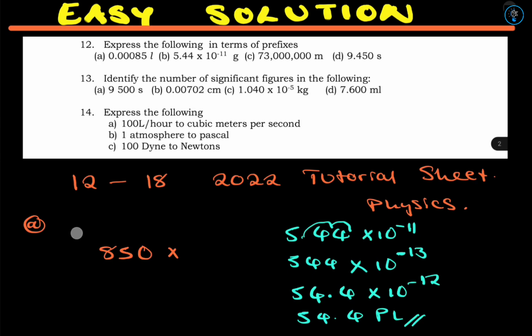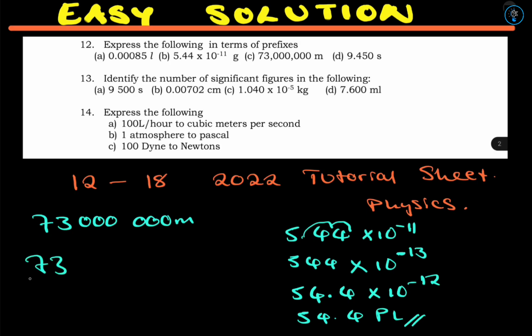Let's do C. If you want to write it in any prefix, we have 73,000,000 meters. We can write it as 73. So let's move the point. How many steps? 1, 2, 3, 4, 5, 6.